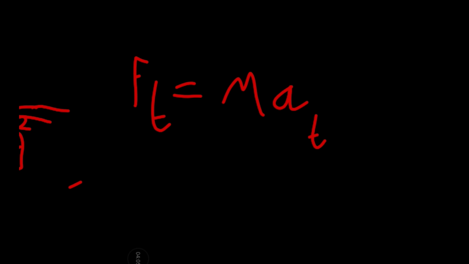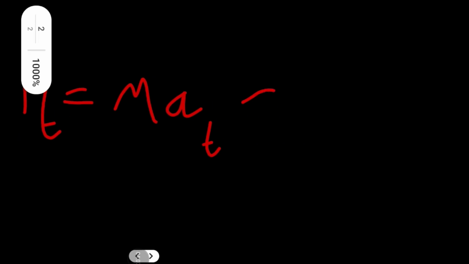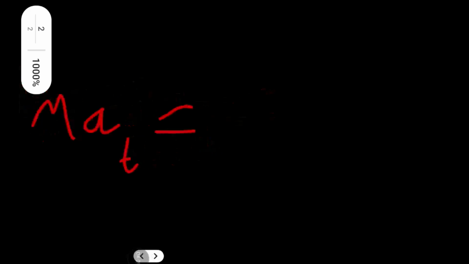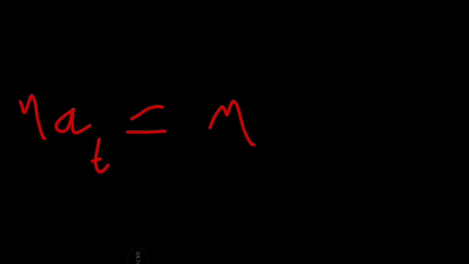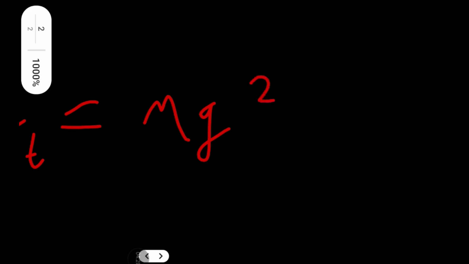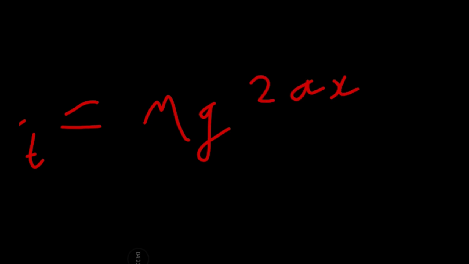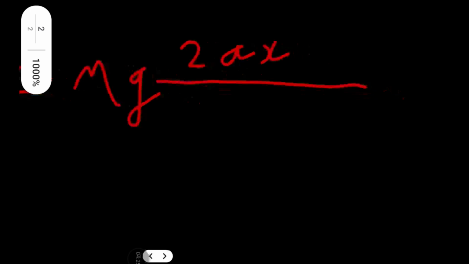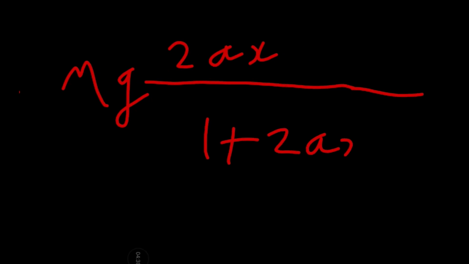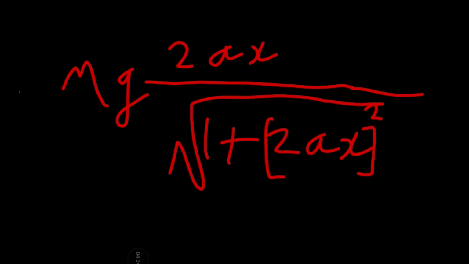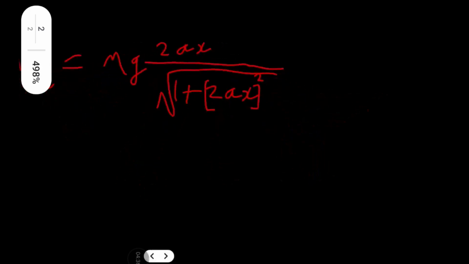It's parallel to the tangent, which equals m times g times sine of theta, which is 2ax, which we got before, all over the square root of 1 plus 2ax squared.